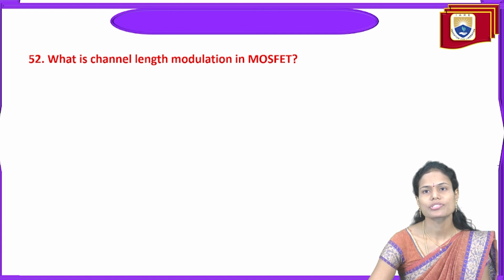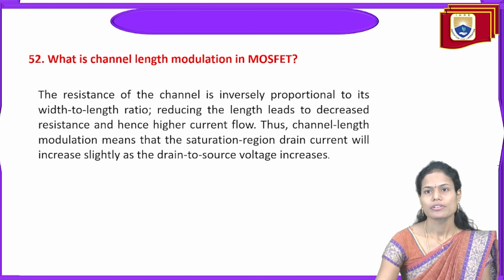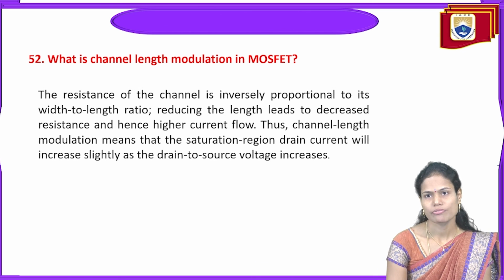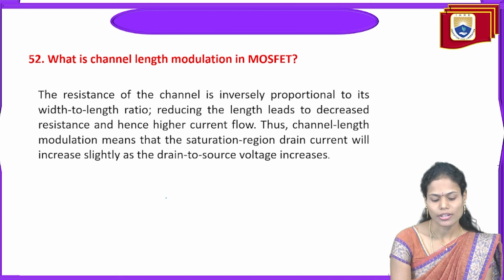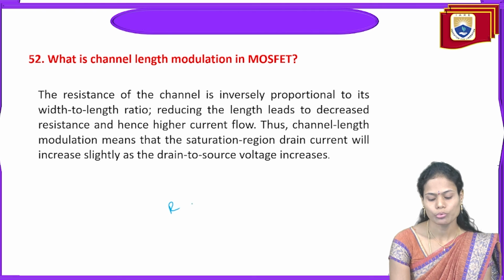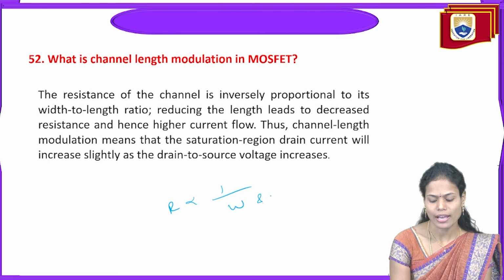And next, what is channel length modulation in the case of a metal oxide field effect transistor? In the case of a MOSFET or any device, the resistance of the channel is always inversely proportional to its width as well as length.